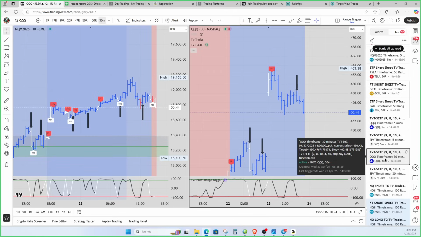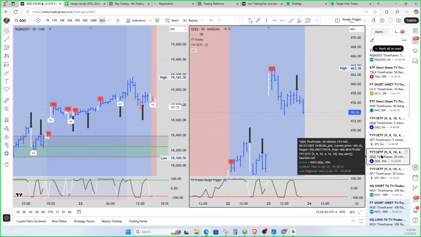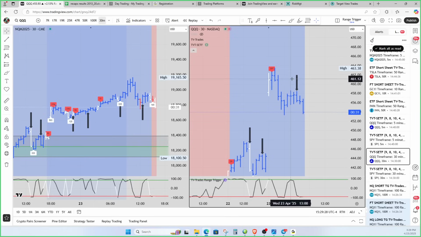I gave you this one a little while ago. This was at 1400, so that was this one right here that said to sell. And the target on that is 450.49. So the target on that is right here, and that's on a 30-minute. So we gave you that indication right there with the target down here. And the stop would be right up here somewhere. I think 460 is what it said.